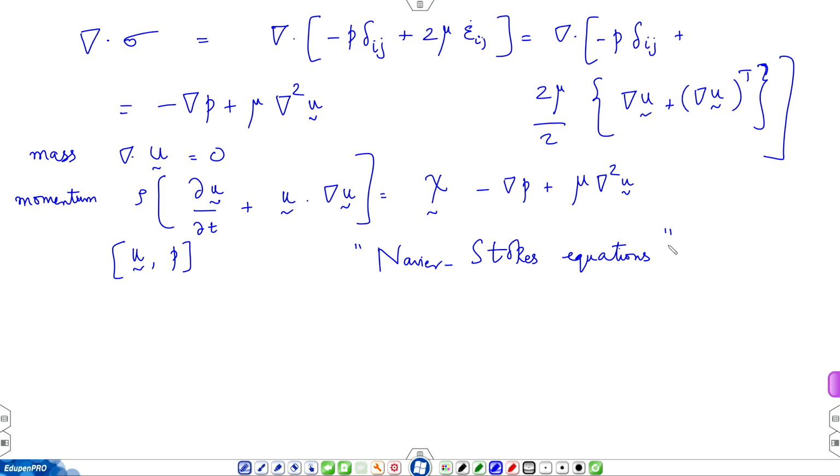It is called the Navier-Stokes equations. In this course we will use the Navier-Stokes equations to arrive at solutions.